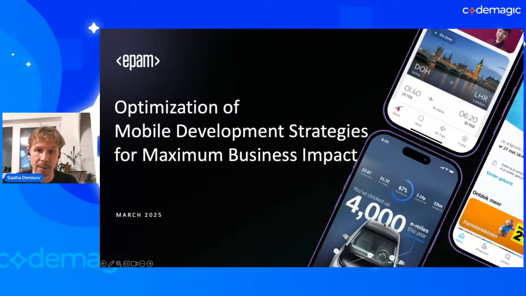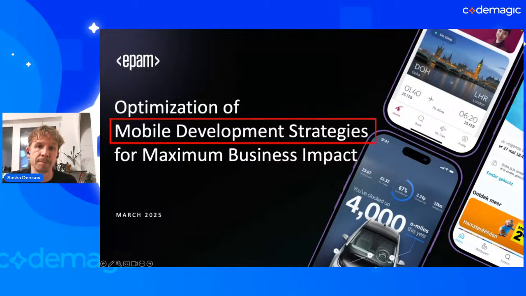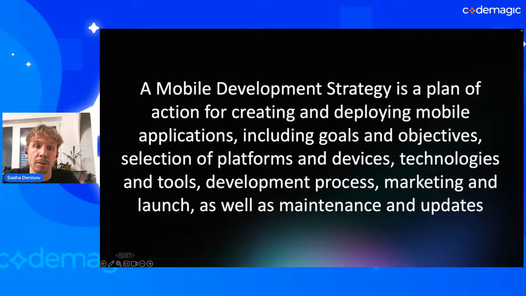Mobile development strategy: what exactly is it? I have a definition, you can read it with me. A mobile development strategy is a plan of action for creating and deploying a mobile application, including goals and objectives, selection of platforms and devices, technologies and tools, development process, marketing and launch, as well as maintenance and upgrades.